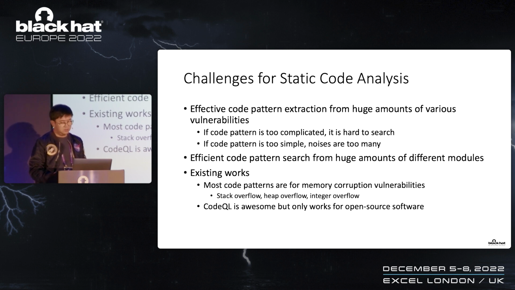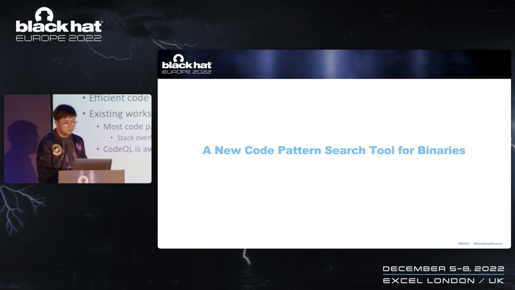Too complicated or too simple are both not good. Besides, there's no code pattern search tool to efficiently search code patterns in huge amounts of binary modules. CodeQL is awesome, but it's only for open source software. In our presentation, we'll introduce our research and practices to solve those challenges.